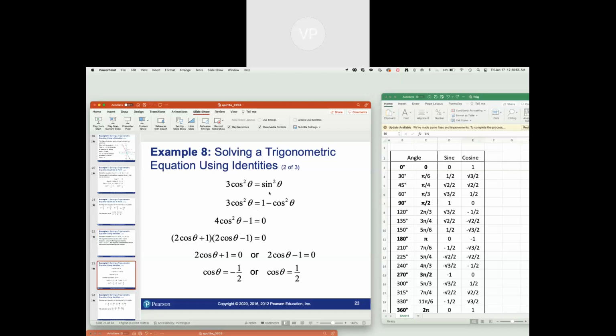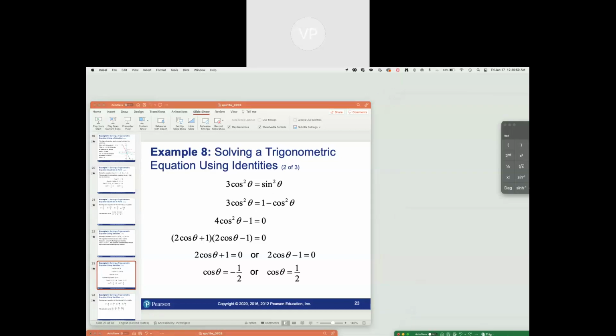So what they do is, and let me go back and show you how they're getting this here. Okay, so remember that identity. Sine squared plus cosine squared equals 1. I'm sorry, did I say 0? I meant to say 1.